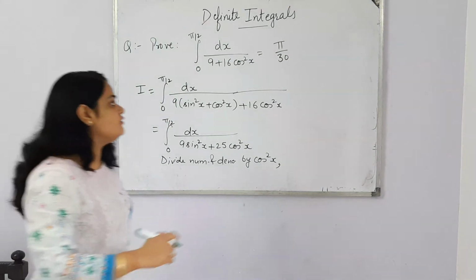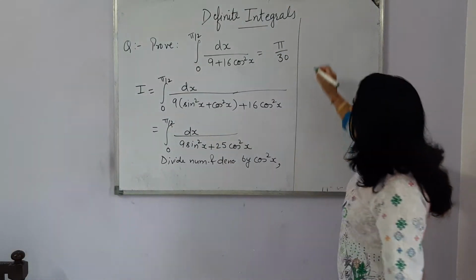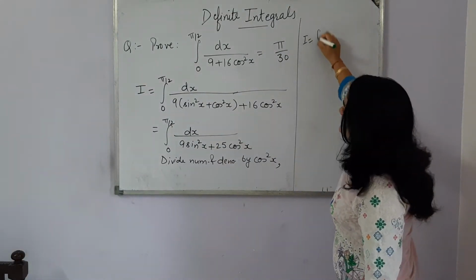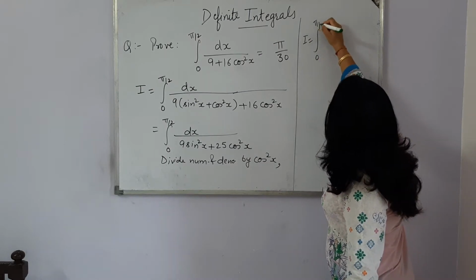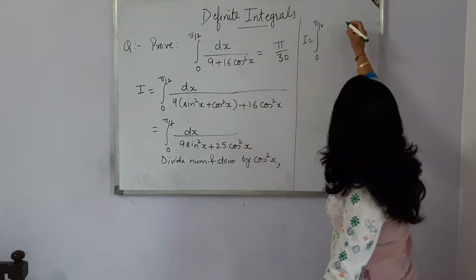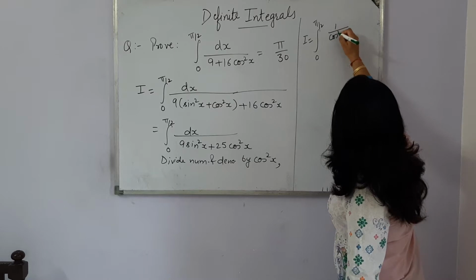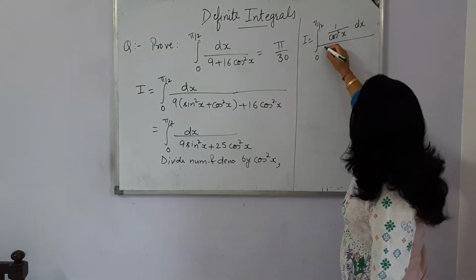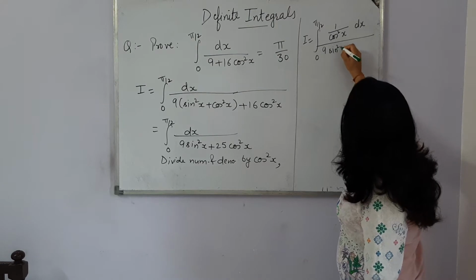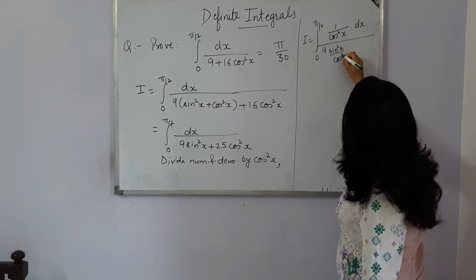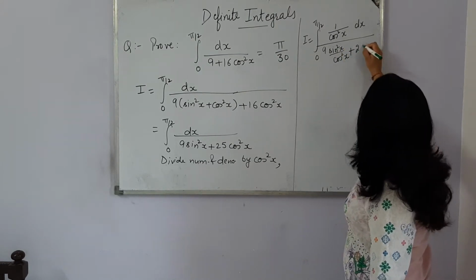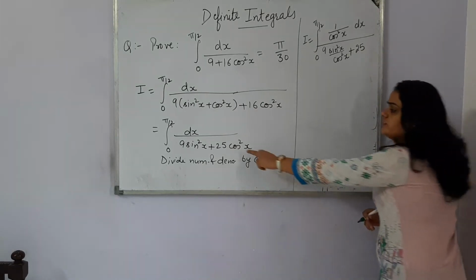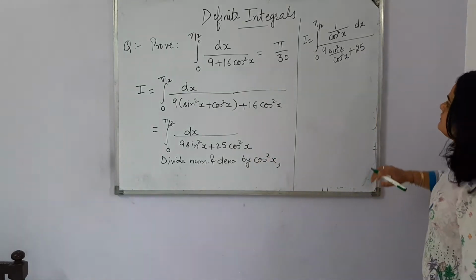If we divide numerator and denominator by cos square x, what we are getting is 1 upon cos square x dx whole upon 9 sin square x by cos square x plus 25, because cos square x divided by cos square x becomes 1.